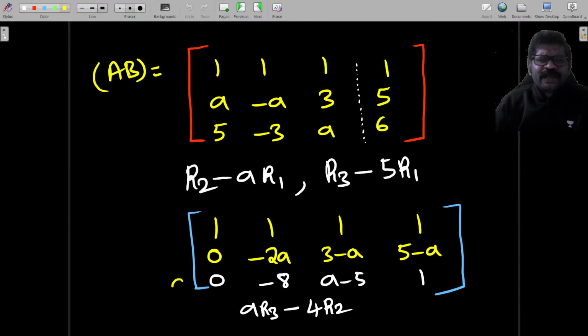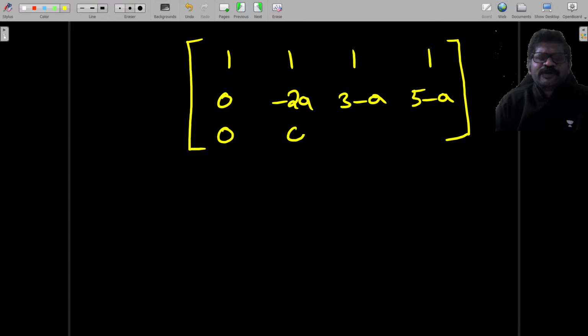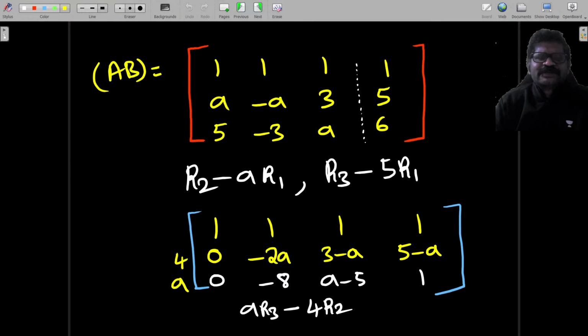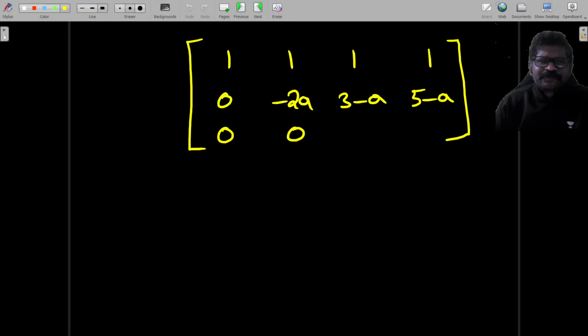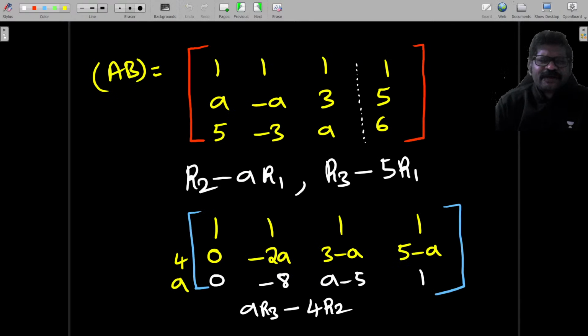For aR3 minus 4R2, a into R3, 4 into R2, the first two entries are 0, 0, 0. Next, a square minus 5a plus 4a, that is a square minus a minus 12. Next, a plus 4a, that is 5a minus 20.